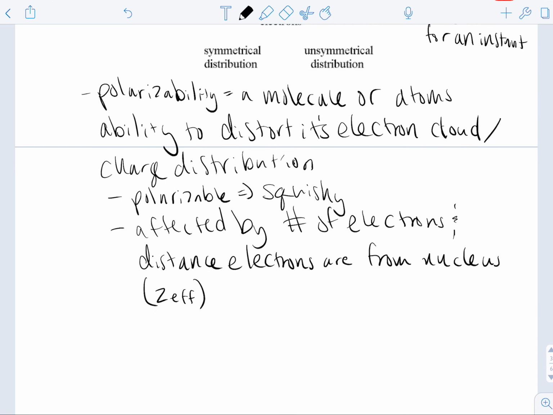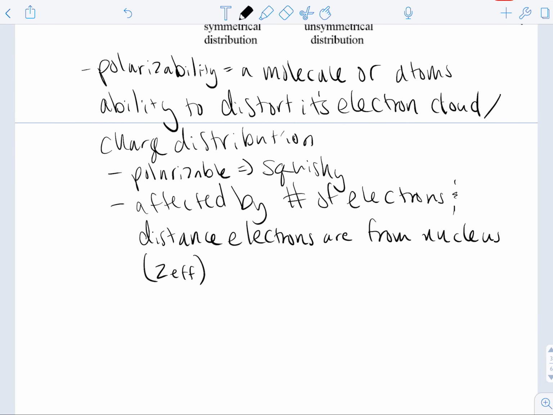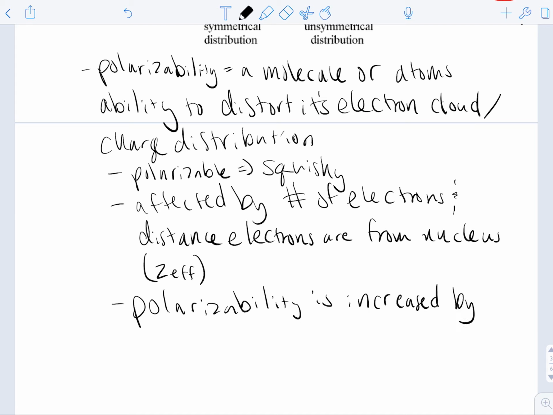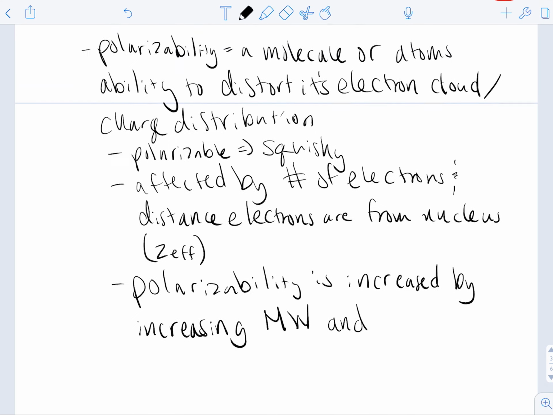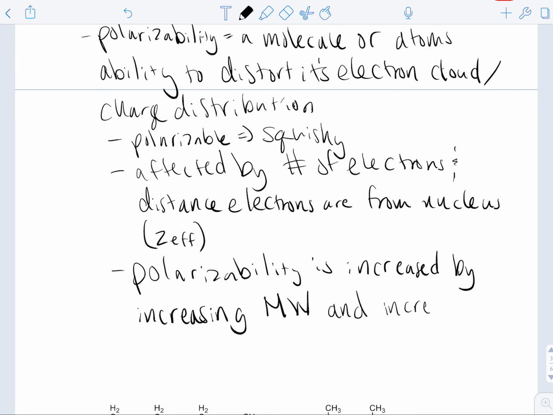So, this being said, we're going to increase polarizability by increasing our molecular weight, where MW is molecular weight, and by increasing our surface area.